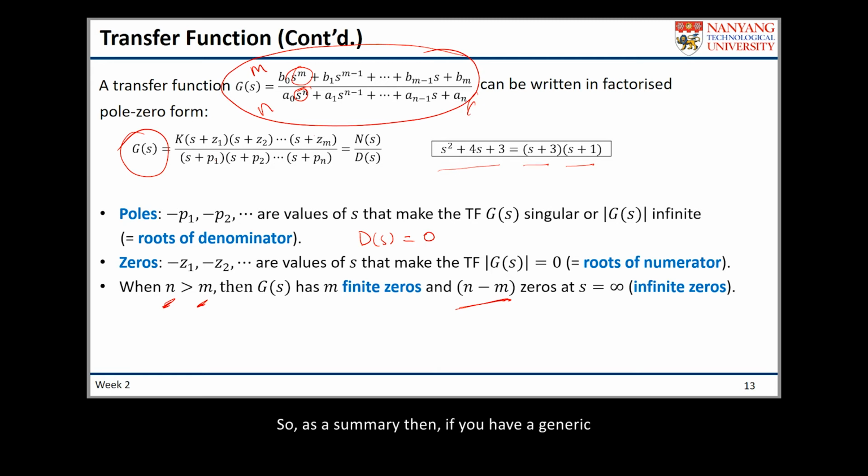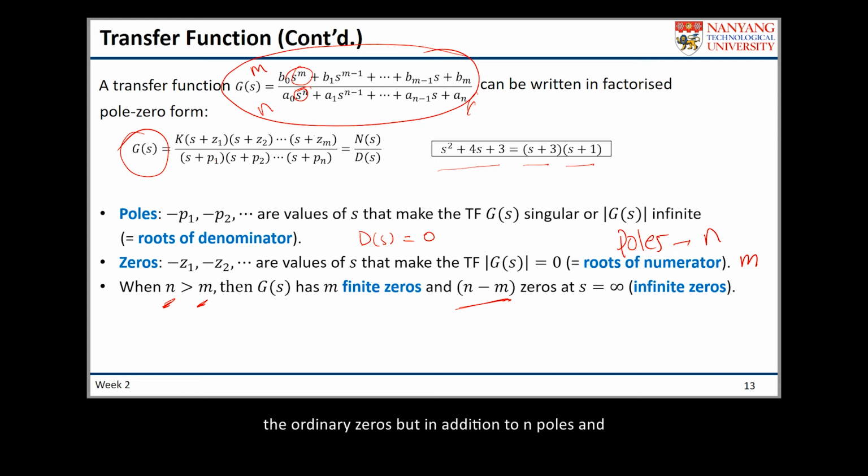So as a summary, if you have a generic system with the generic transfer function as we discussed in the first equation of this slide, then you will have poles, n number of poles. You will have m number of zeros, the ordinary zeros.